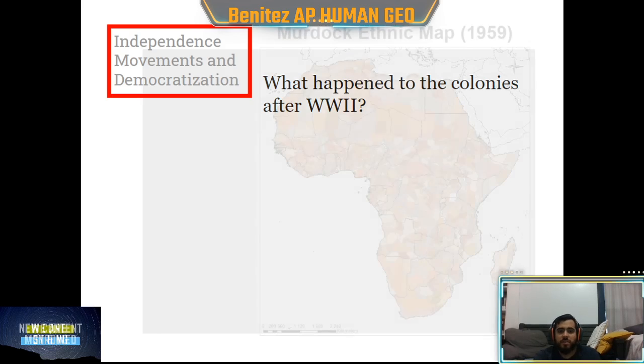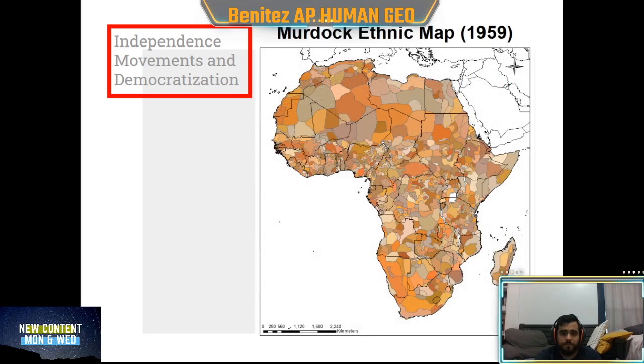So then what happened to the colonies after World War II? Well, before that, guys, take a look at this picture. This picture is Africa, and all of these are the ethnic groups. These are all different groups of people that live in Africa. Yes, all these people are African, but many of them speak different languages, look different, have different religions and different customs, and many of them have different lands and different history.